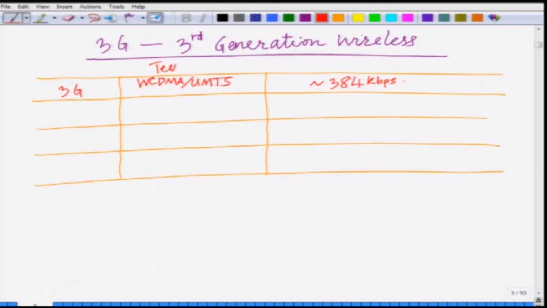So this is our technology, and this is the approximate data rate, the data rate capability. Another 3G standard is CDMA 2000, which has a data rate of, again, approximately 384 kilobits per second.